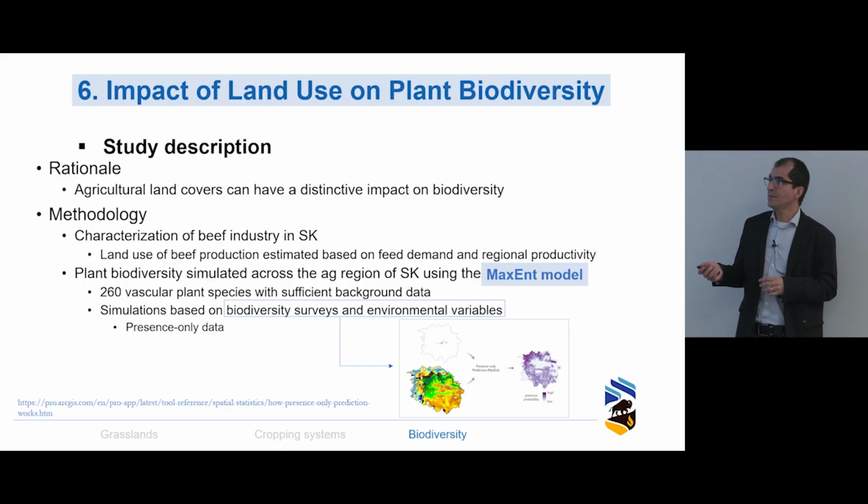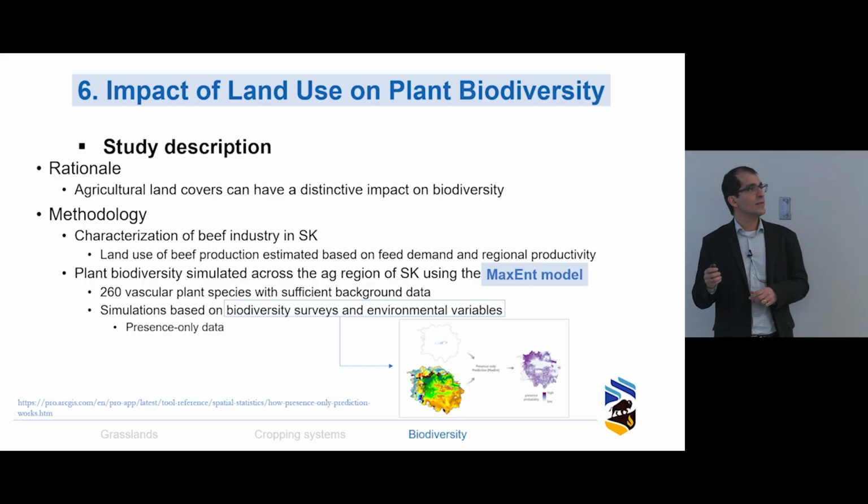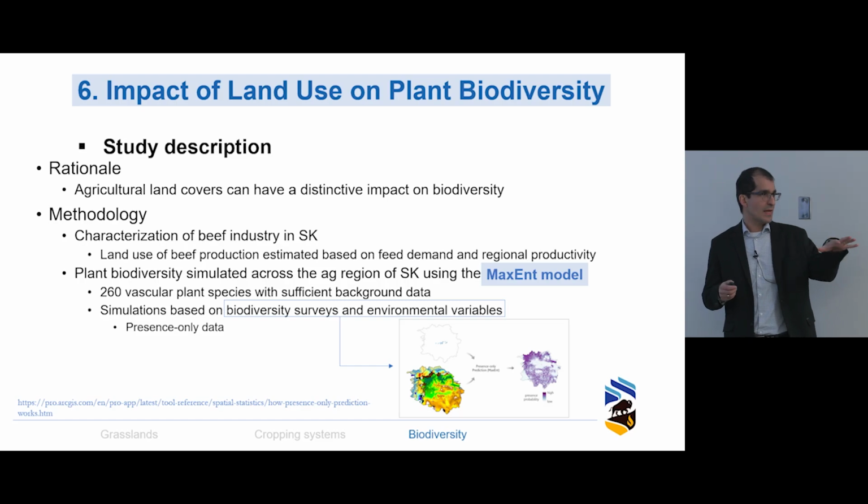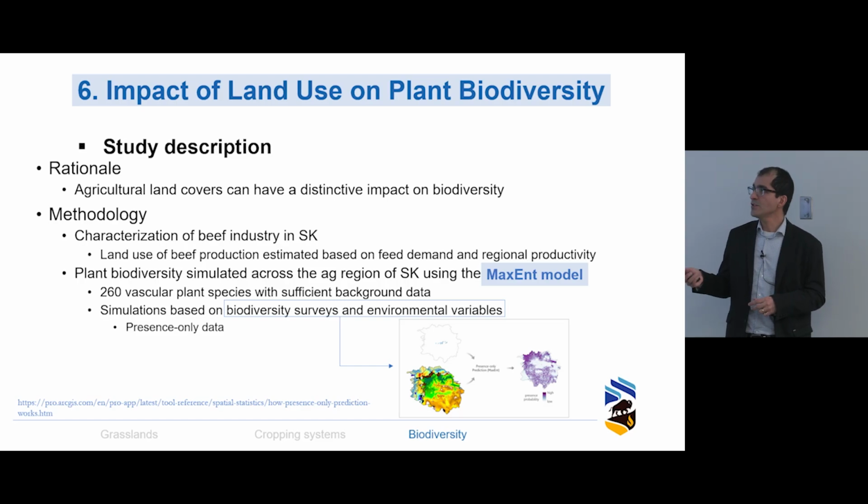Because of natural grasslands, right? So natural areas. The beef industry utilizes those areas, so you want to compare, does the area utilized by beef, which is naturalized, have a different biodiversity footprint compared to another crop? This is the main question for us.